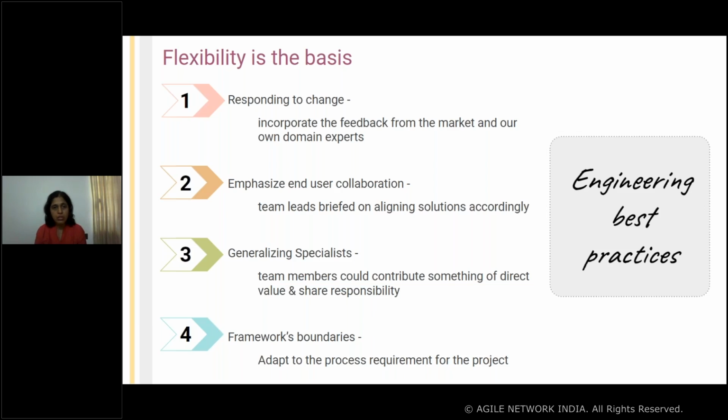So that is what a generalizing specialist is. You make sure that you have team members who fall in that category, because that is how we will have members with different skills who could contribute something of direct value and share responsibility with other sub teams.